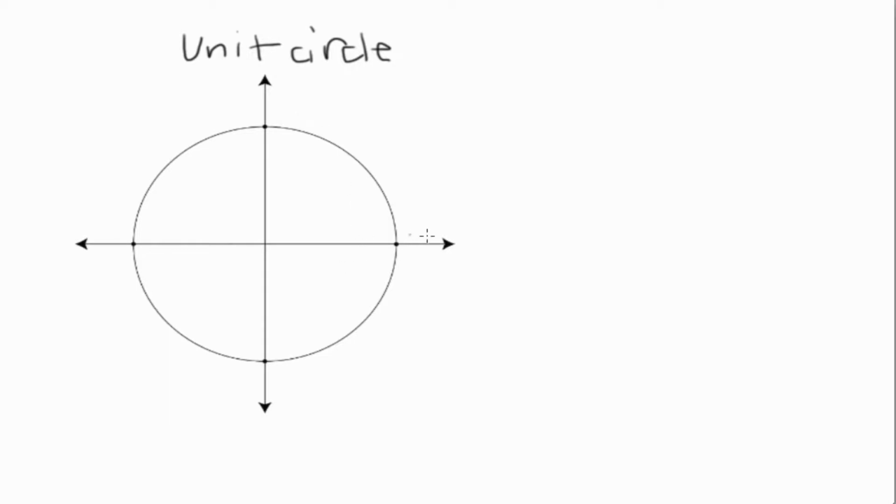It's just a circle on a graph of x and y at a radius of 1. So this point is 1, 0, right, in coordinates.